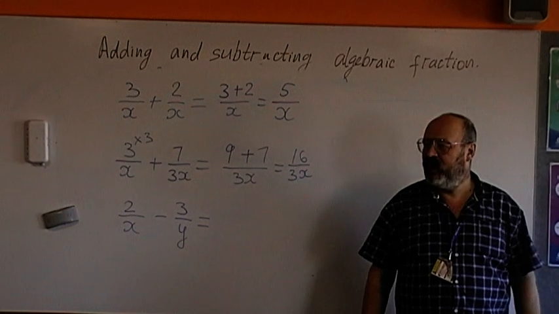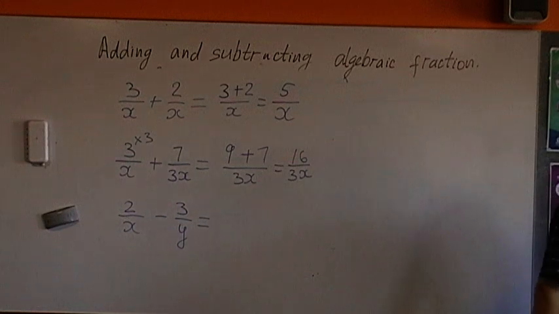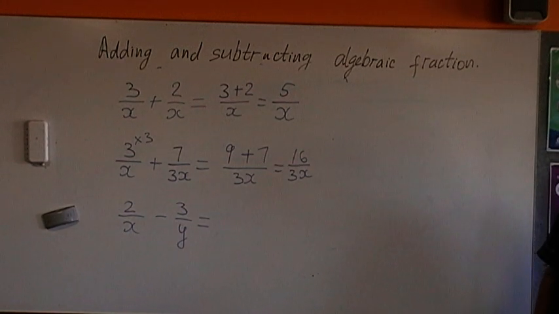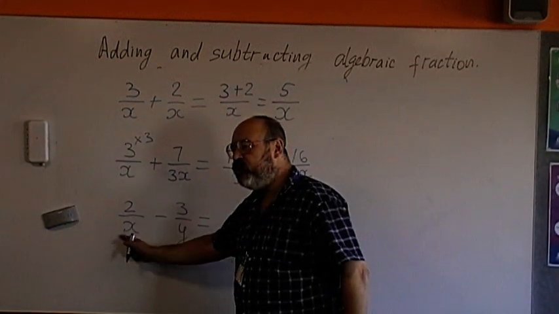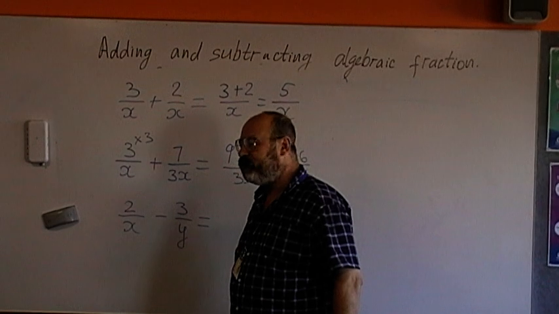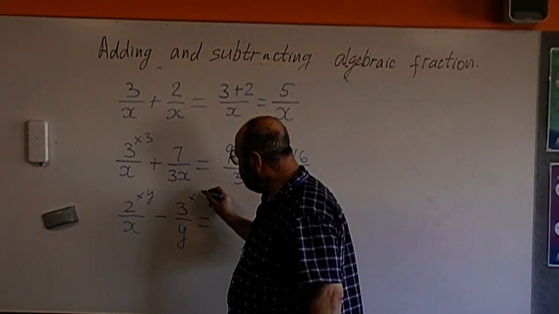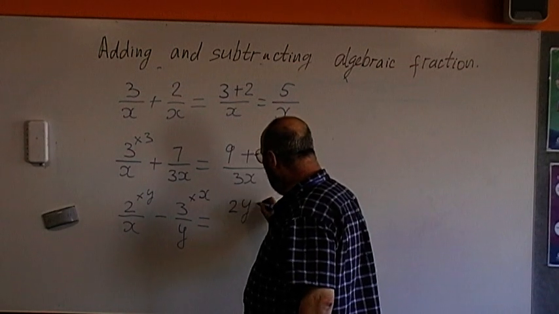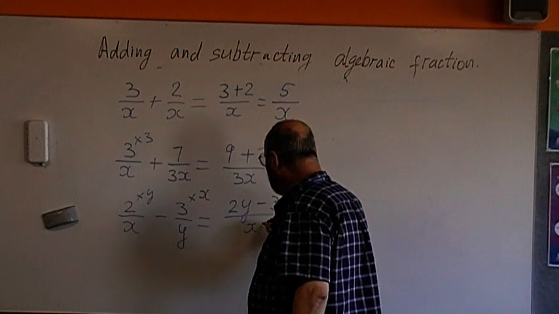What is the lowest one? Excellent, xy. That will be the common denominator, x times y. So we times this by y, we times this by x. So we will have 2y minus 3x over xy.